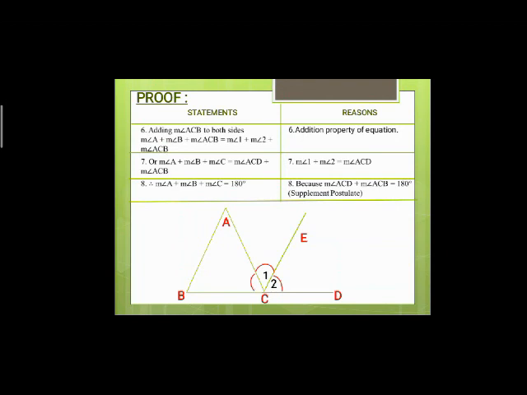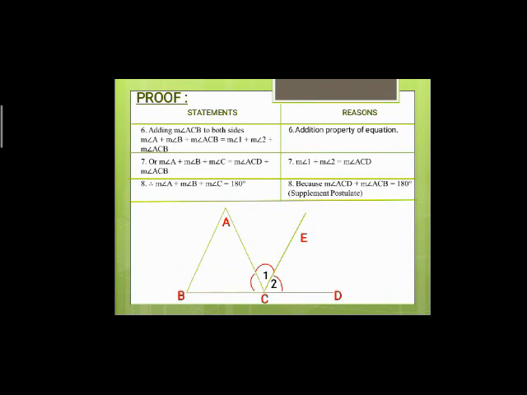Now we know that angle 1 plus angle 2 is equal to angle ACD. Putting that value, the equation becomes angle A plus angle B plus angle C is equal to angle ACD plus angle ACB.